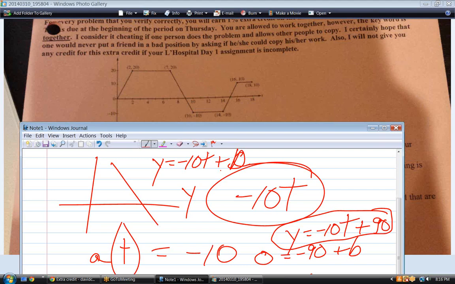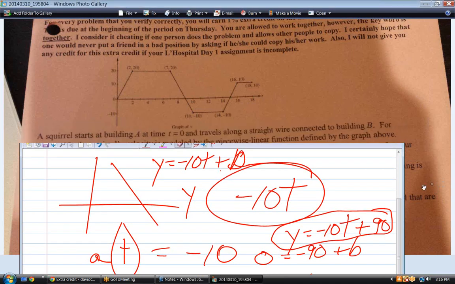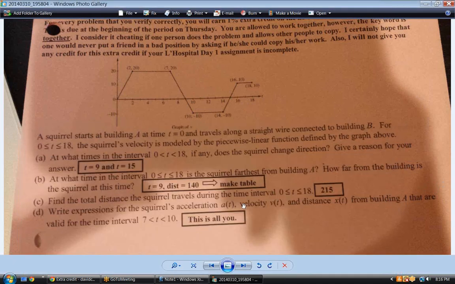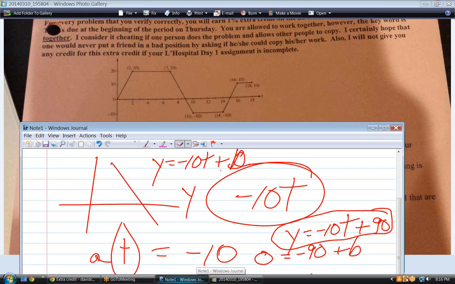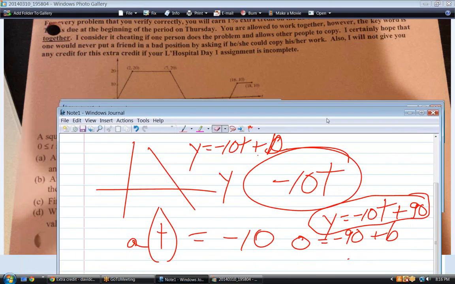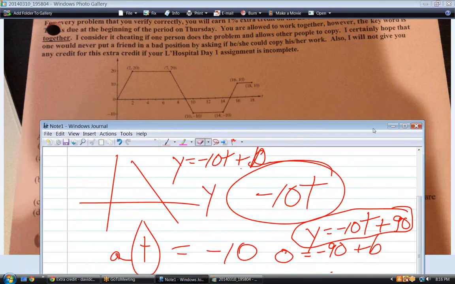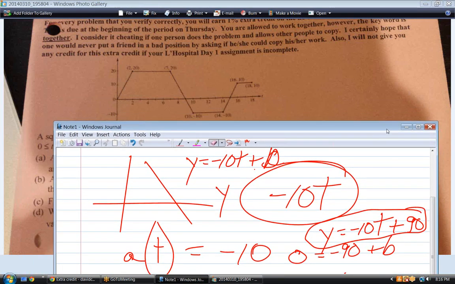Okay. Now, the last thing they wanted was the acceleration and distance from building A. So the distance from building A from 7 to 10 is the area of that triangle minus the area of that triangle.